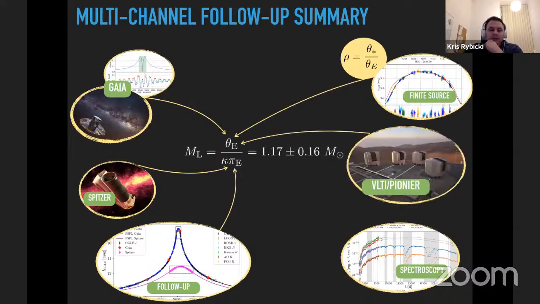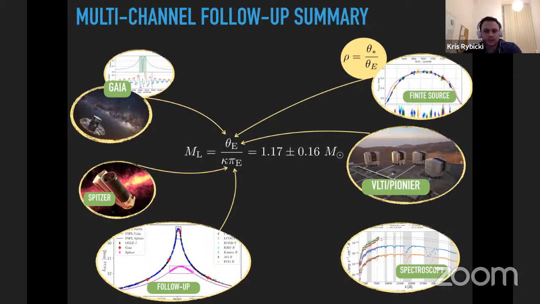And now the last, but definitely not least thing that we did was the follow-up observation using the PIONIER instrument on VLTI, because the event was extremely bright, so the interferometric follow-up was possible here. And apart from measuring theta E, we measured a few other cool effects. So stay tuned for that.